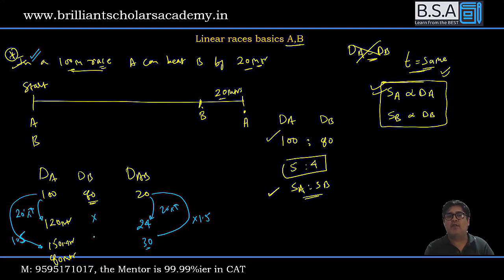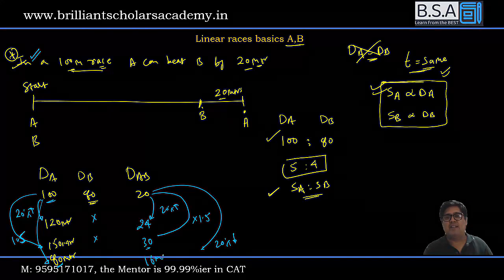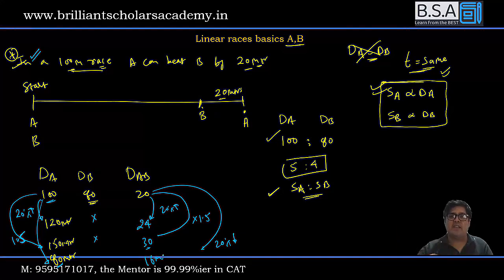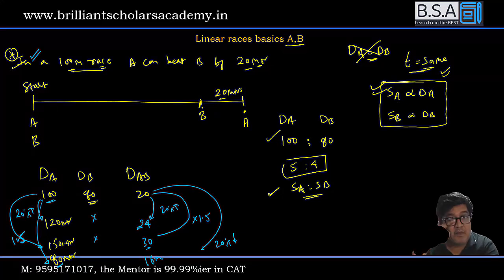You do not have to always find the distance traveled by B. If the length is 100 meters and I make it 80 meters, I am decreasing by 20 percent, so the gap will decrease by 20 percent and become 16 meters. So you can scale up or scale down the race length based upon the information given.